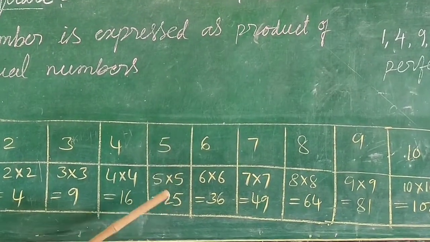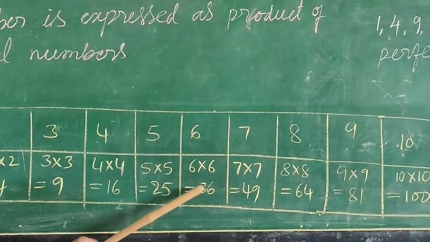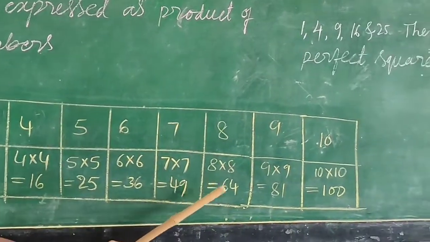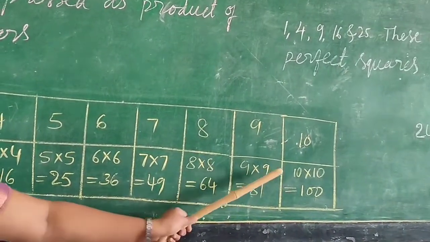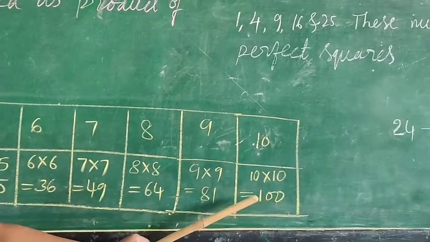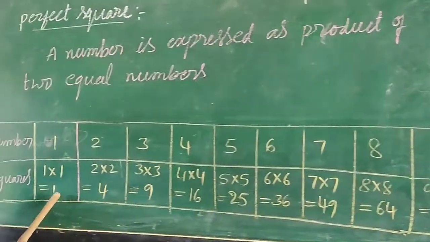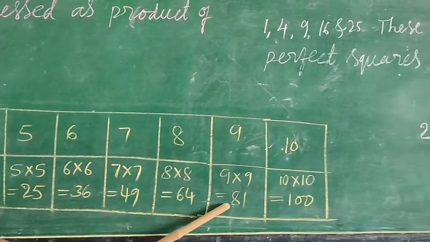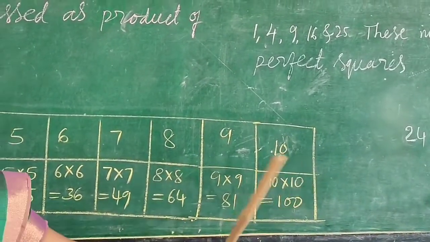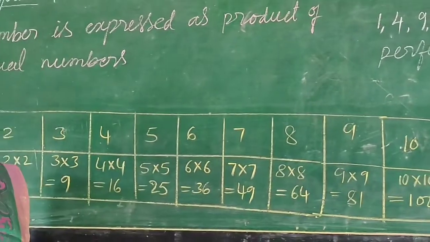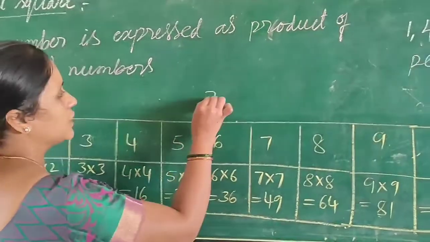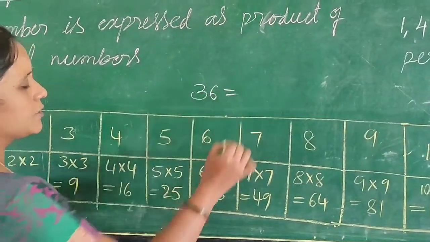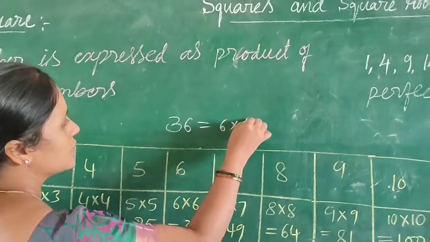Now 6 into 6 is 36, 7 into 7 is 49, 64, 81 and 10 into 10 is 100. All these numbers, for example 1, 4, 9, 16, 25, up to 81 and 100, are called perfect squares. Any number, you take 36, can be expressed as 6 into 6.